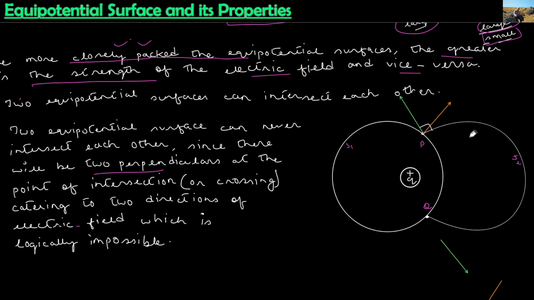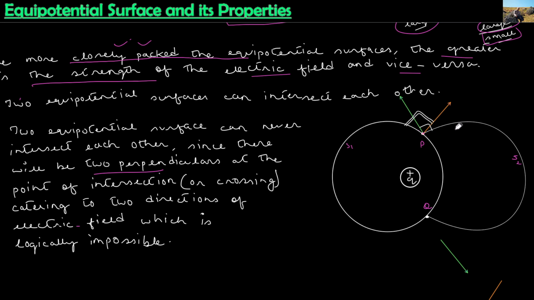And this will be the angle which is perpendicular with respect to S2. Yes, this is 90 degrees with respect to S1, and over here this is 90 degrees with respect to S2.